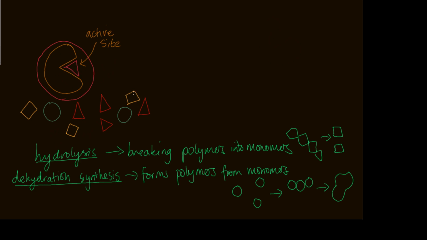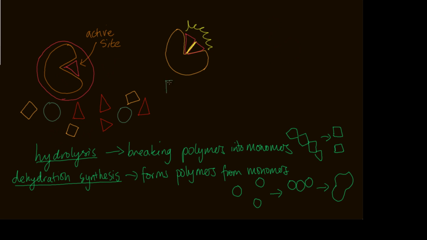So these molecules here and these molecules here, these monomers, will not fit into the active site. And the active site is where the reaction occurs. So what's going to happen is that the monomers are going to enter the active site, and then the enzyme will catalyze this reaction. In this case, we're going to be forming this bond here because we're looking at dehydration synthesis.